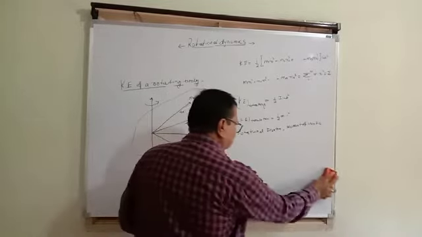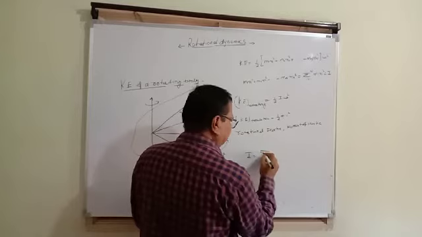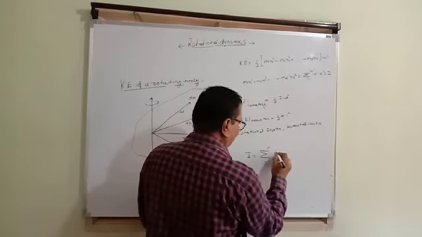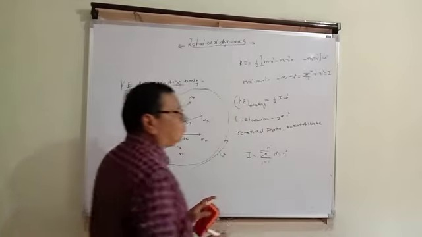I is equal to summation i goes from 1 to n of mi ri square, is called moment of inertia.